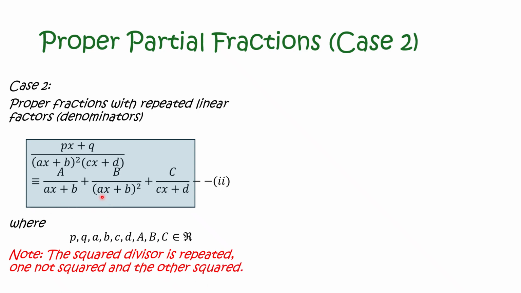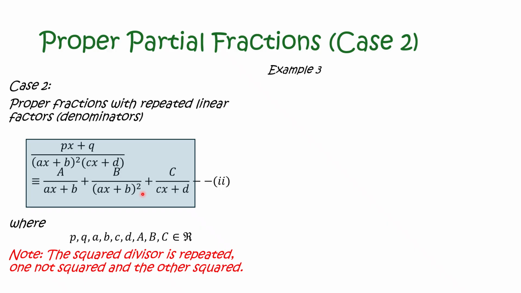Like in the first fraction, the ax plus b is not repeated, so it's not squared, plus capital letter B over ax plus b, this time around squared. So take note of the difference. So equation 1 is different from equation 2 in the sense that one of the divisors is squared and we say that is repeated.